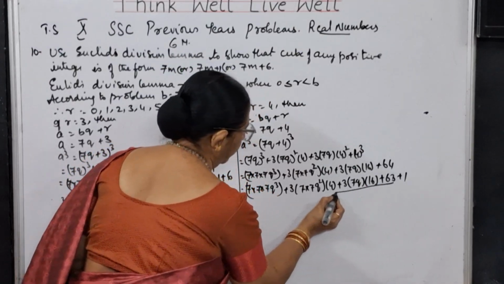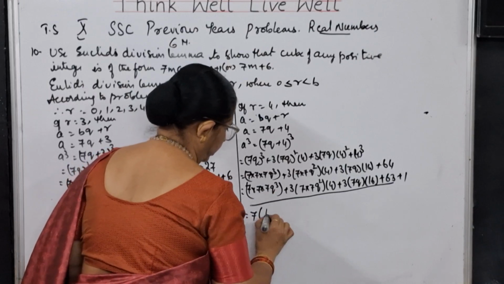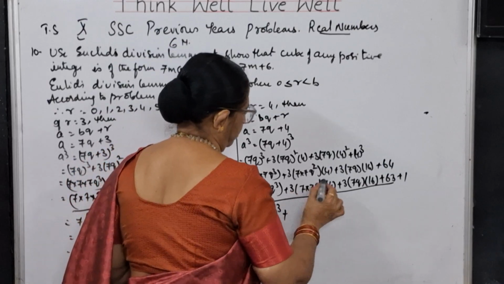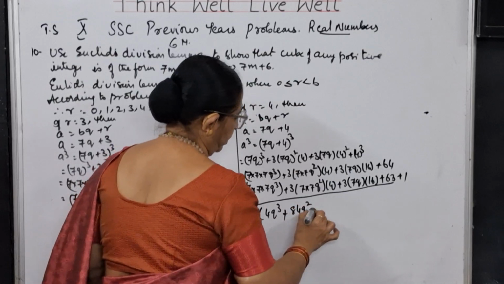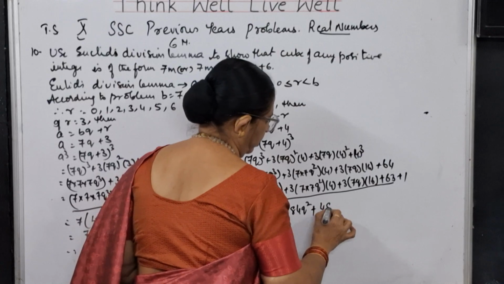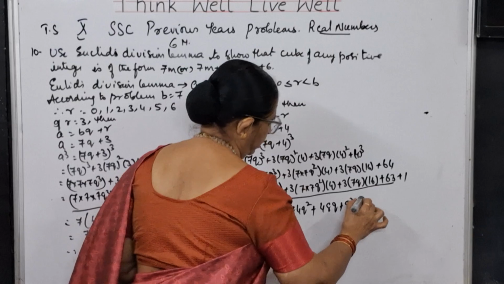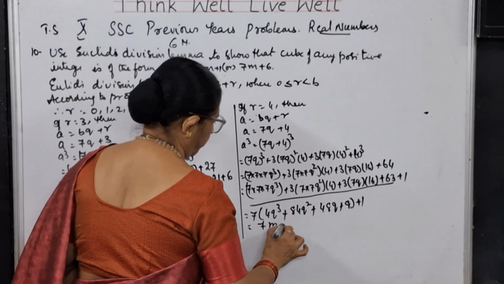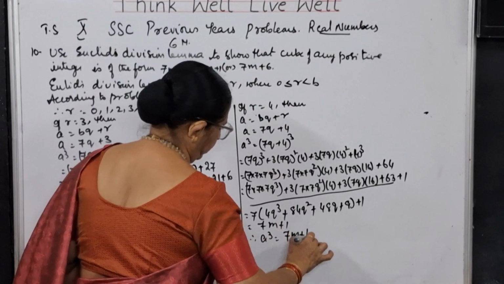So in all this, 7 you can take as common: 49q cube plus 7 is out, 3 4s are 12, 12 7s are 84, q square plus 7 is out, 3 16s are 48, q plus 7 9s are 63 plus 1, that is 7m plus 1. Therefore, a cube is equal to 7m plus 1.